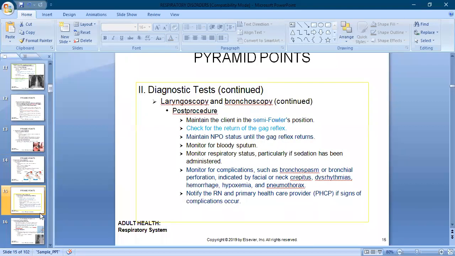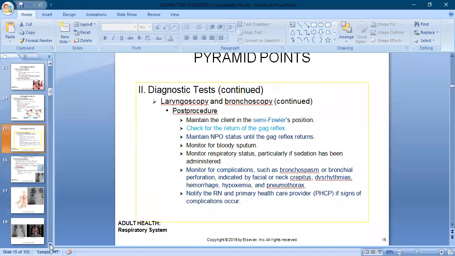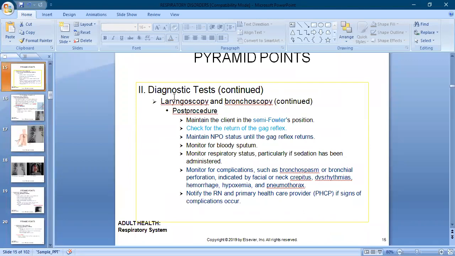And now go here, this is very important for the NCLEX board. Laryngoscope and bronchoscope, post-procedure. Patient positioning: semi-Fowler's. Any kind of respiratory problem, always semi-Fowler's or high-Fowler's positioning. The patient is nothing by mouth before the procedure.